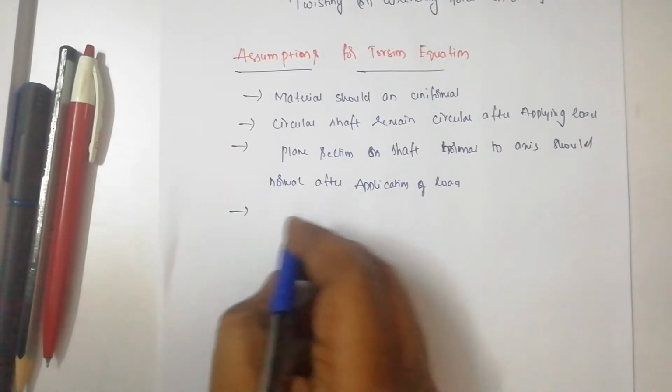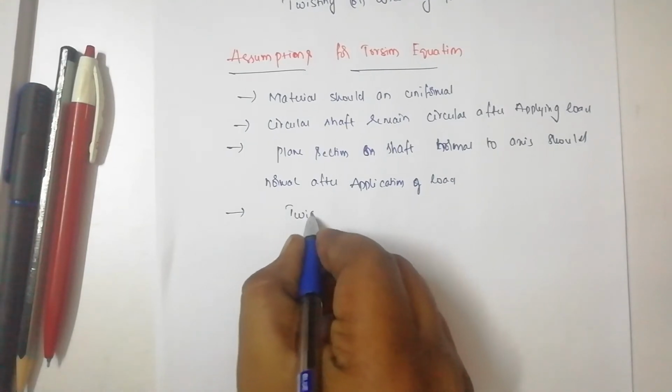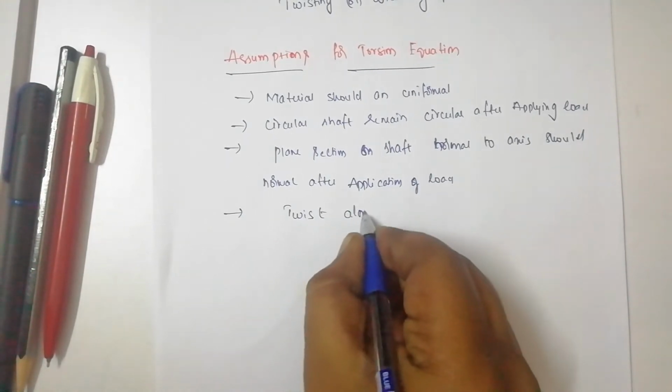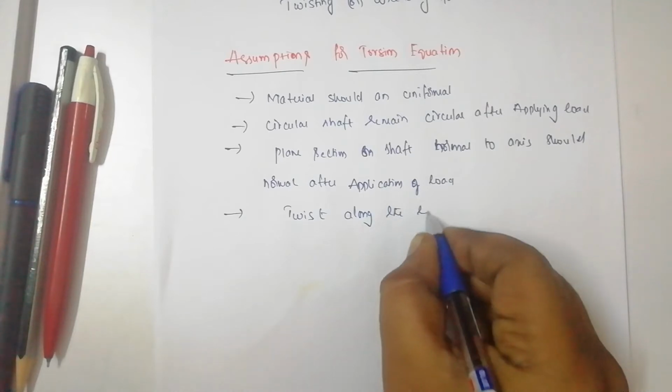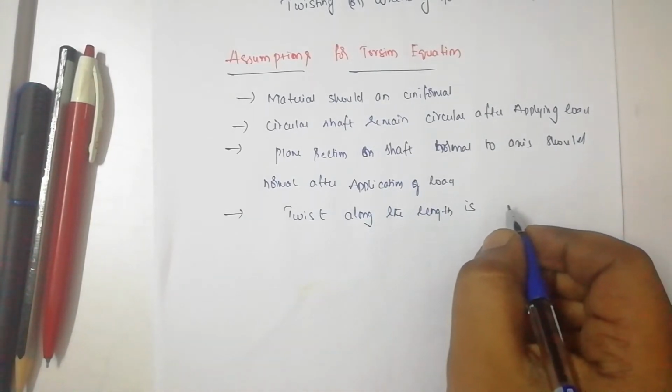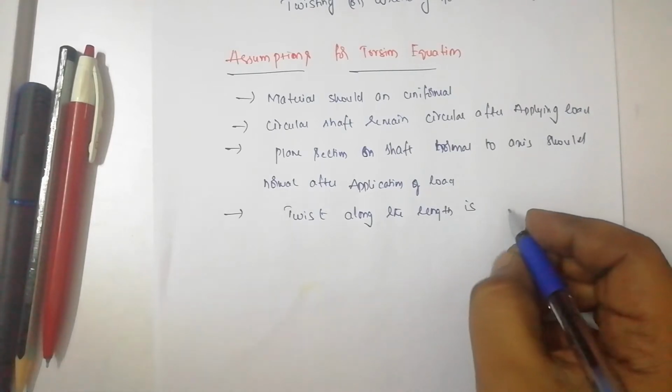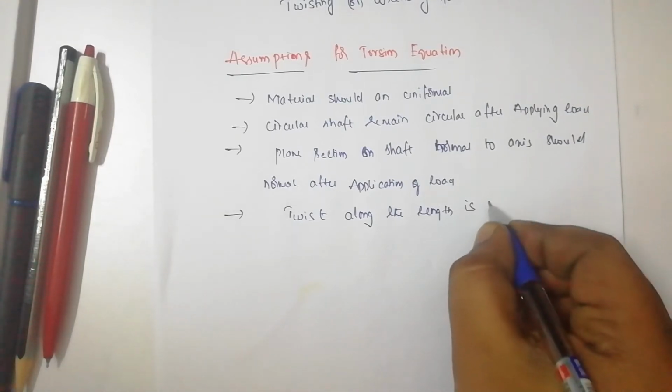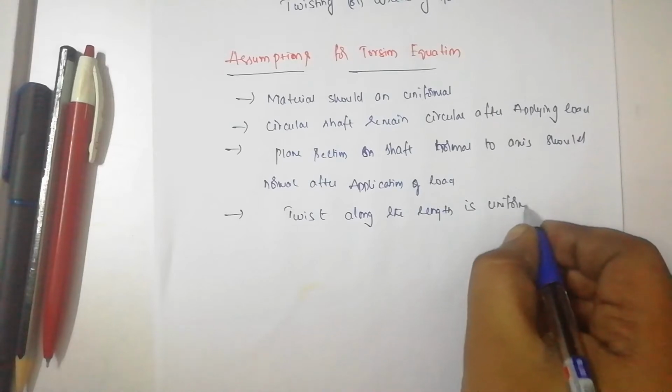Next, twist along the length is uniform. Wherever you cut the material, you will get the same angle of twist. Twist along the length is uniform, we consider.